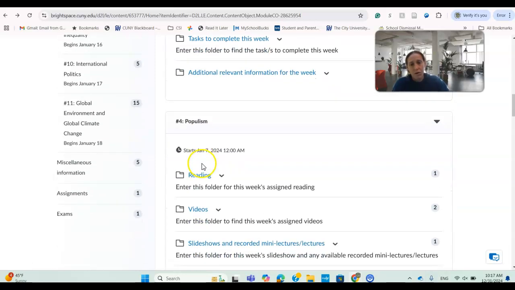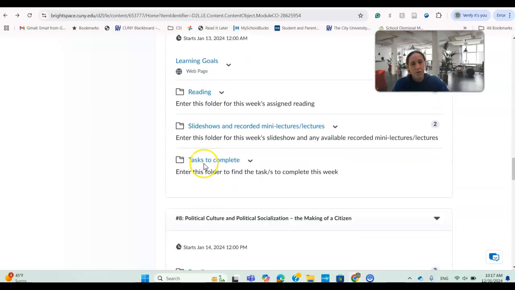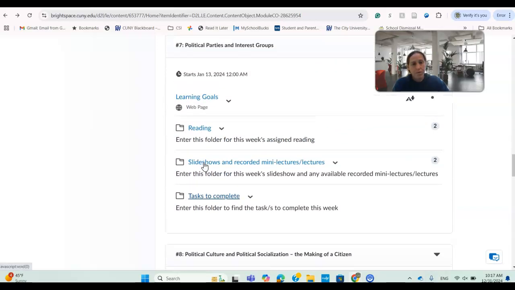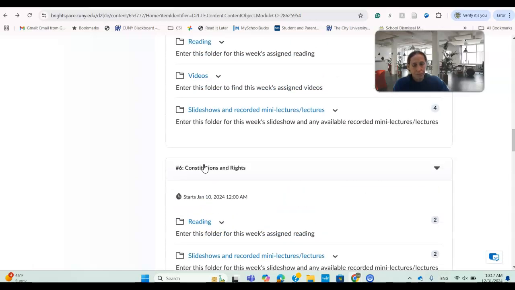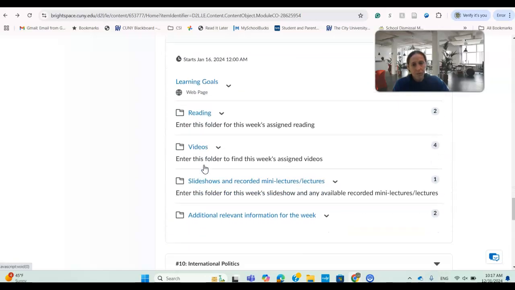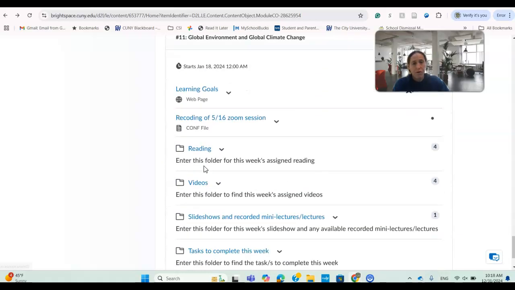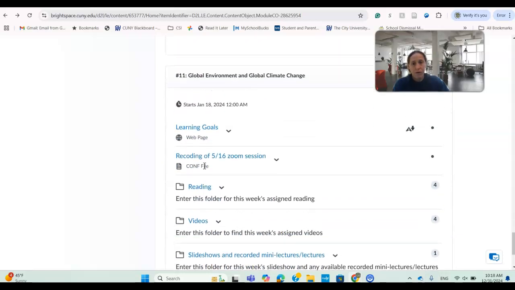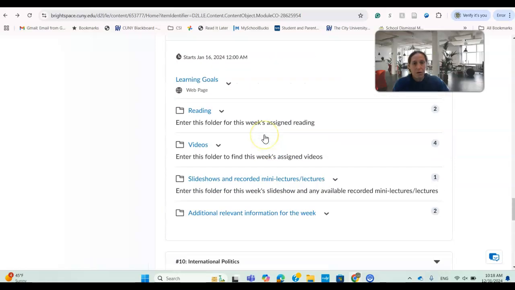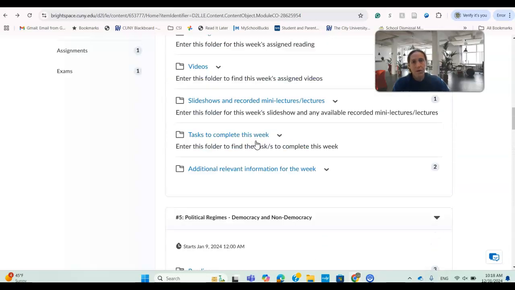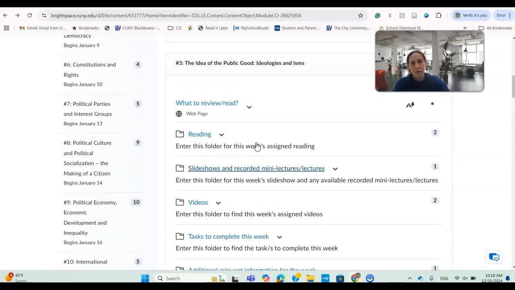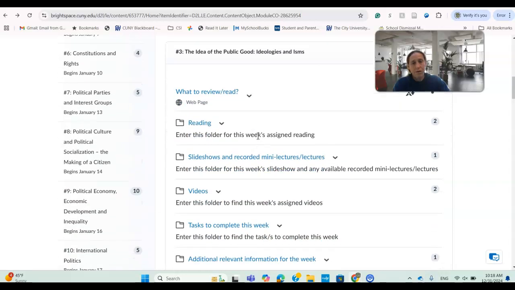But all in all, we will have a total of 13 units or days, and you will have to interact with all of the materials in them. Most of those units look like that.